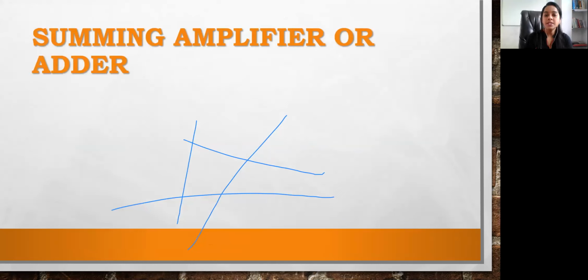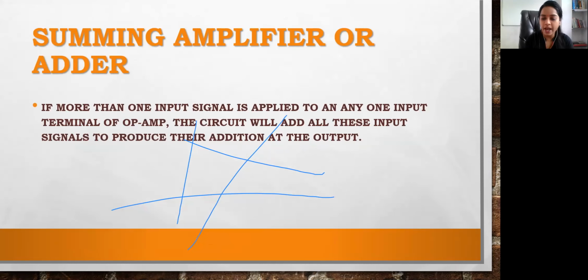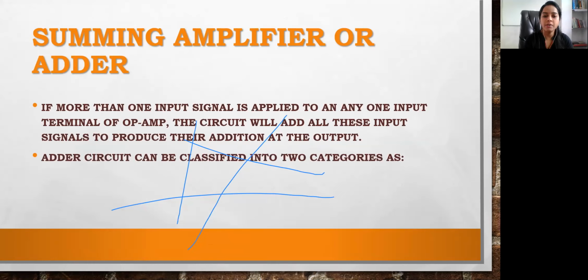Now we will look at the summing amplifier, or the adder. How are we going to design an adder using an operational amplifier? We can have an adder if we have more than two inputs, and at the output we get the summation of the three inputs or any number of inputs, so we can use an operational amplifier as an adder.